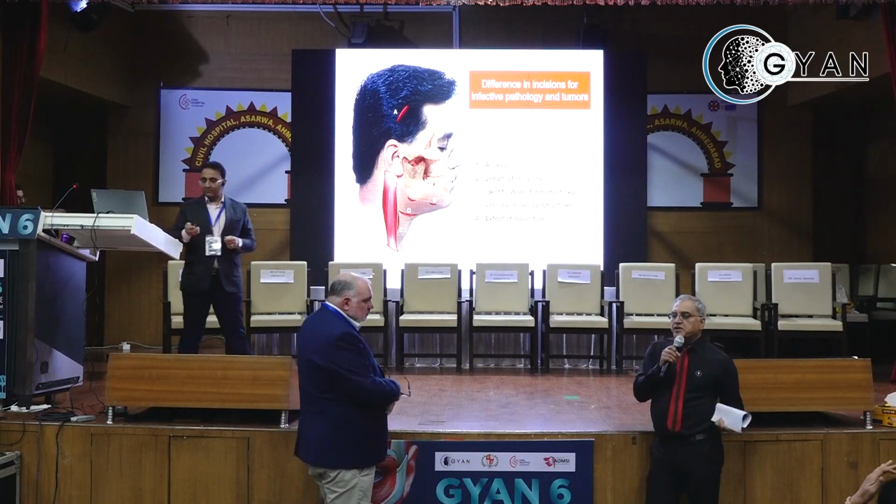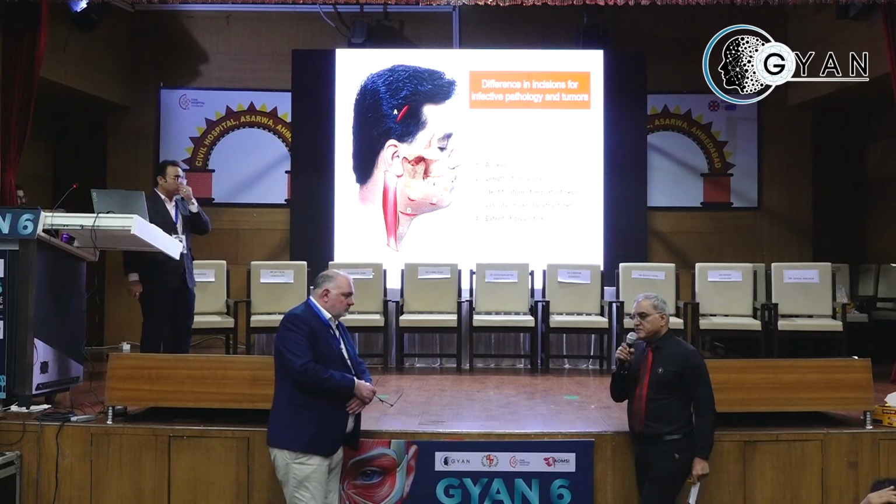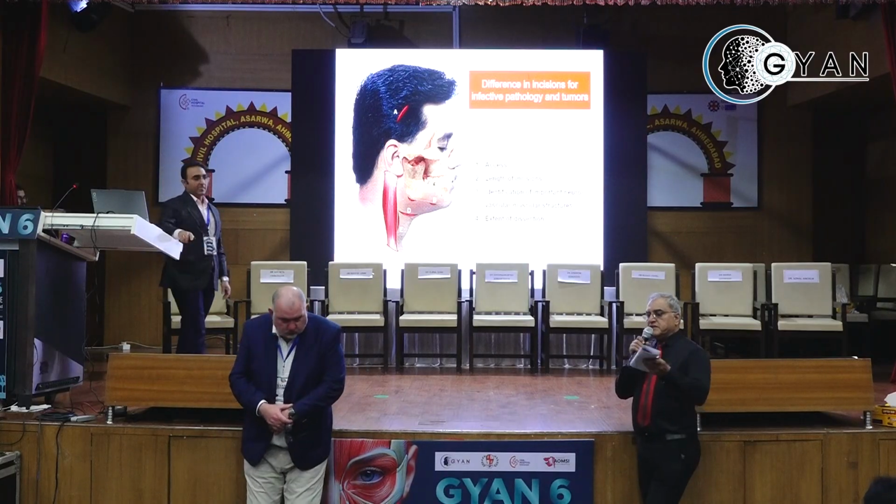Yeah, the last point, this is something I forgot to mention in my lecture. When we showed that transbuccal incision for BSSO, as we said earlier, for any incision, the most important criterion is the exposure. So good access and exposure.